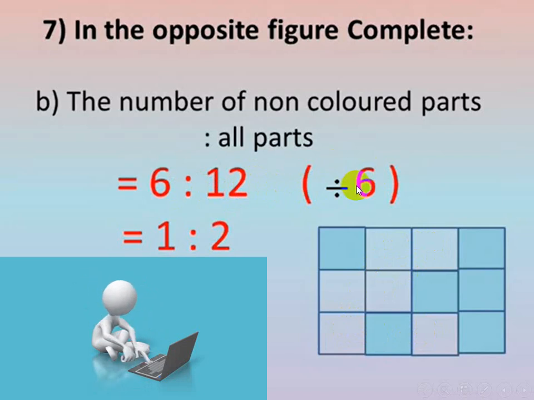Yes. Write divided by 6. 6 divided by 6 equals 1. 12 divided by 6 equals 2. 1 and 2 are in the simplest form, so the ratio in the simplest form will be 1 to 2.